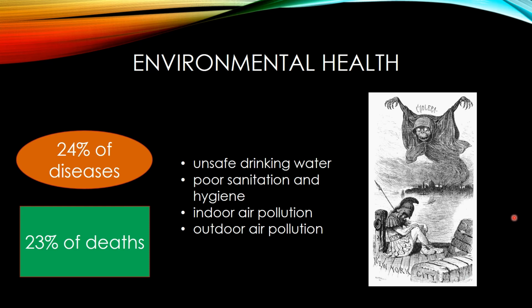But before that, some general information: 24% of diseases are due to environmental health issues. 23% of deaths are due to environmental health issues. Environmental health issues include unsafe drinking water, poor sanitation and hygiene, indoor air pollution, as well as outdoor air pollution.